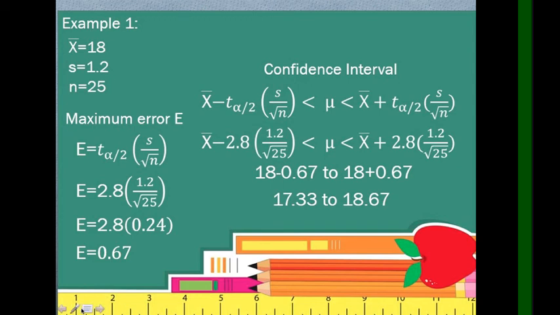Or simply, the population mean is greater than 17.33 but less than 18.67.